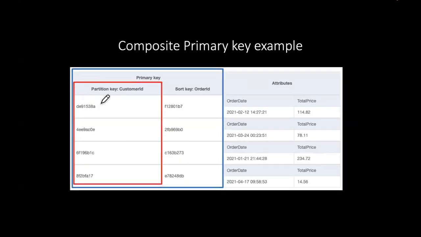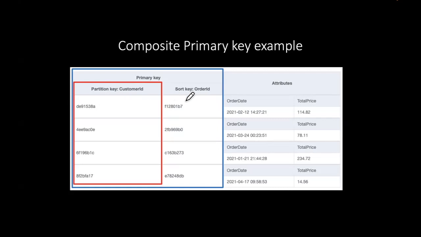Alternatively, I could come up with this idea. I'm going to use a composite primary key. And I've decided that in this case, customer ID is going to be the partition key, and order ID will be the sort key. Sorry, am I right?